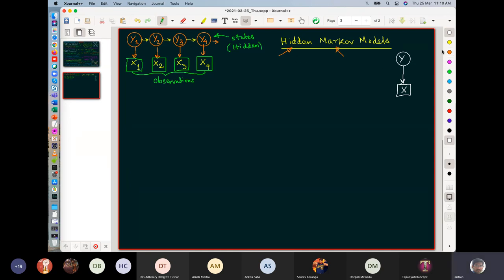Now, obviously, internally somewhere, unknowingly to us, this y is a distribution. So there is a probability of a robot being in state y. This y could be some value of y1, it could be some value of y2.